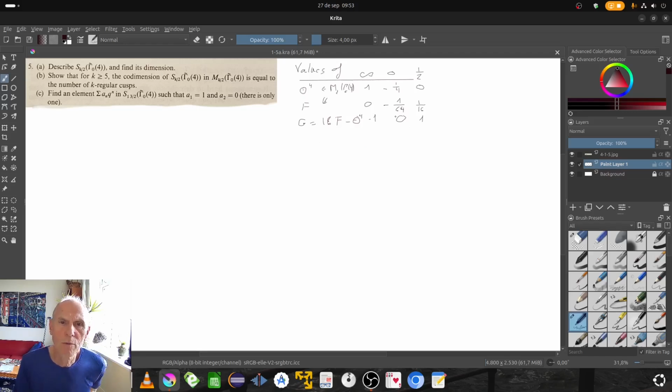And then when we multiply these two, fg, we get a function in M8 of gamma naught of level 4. M4, sorry.